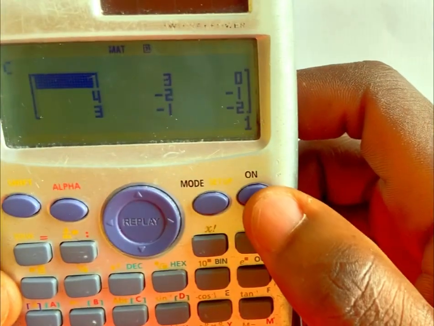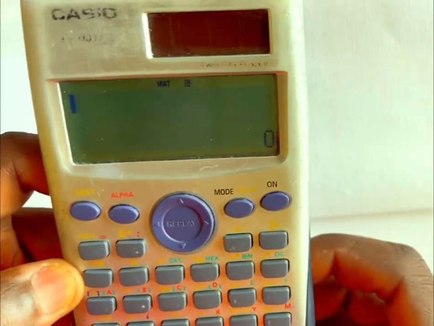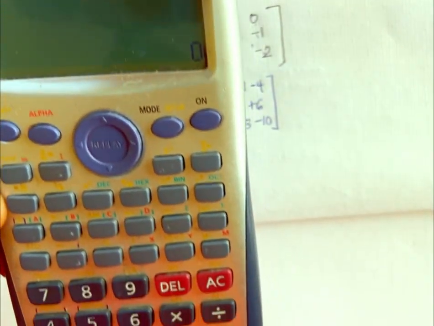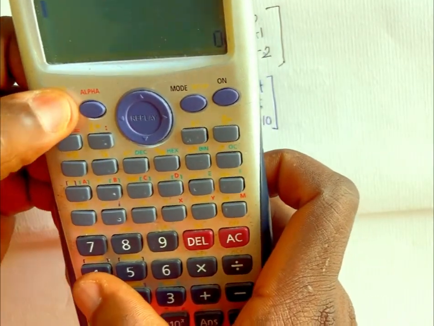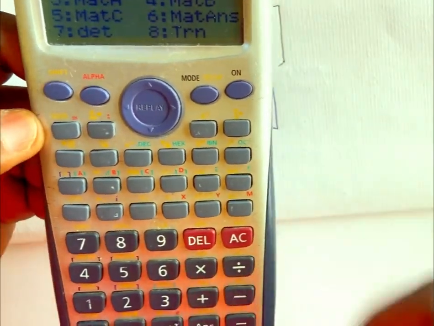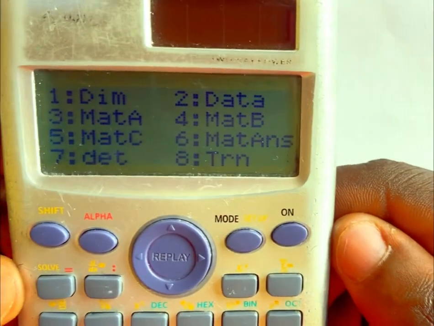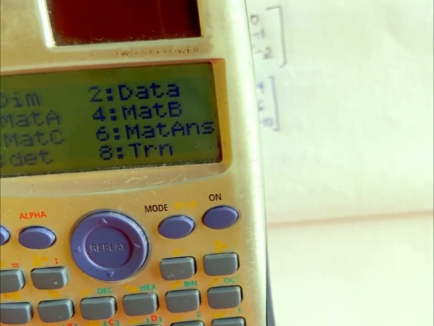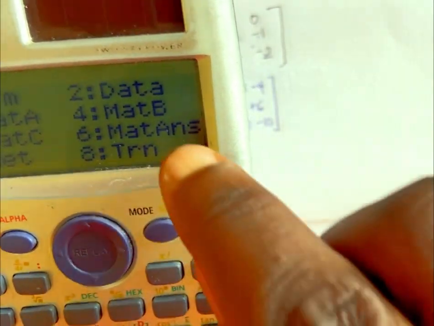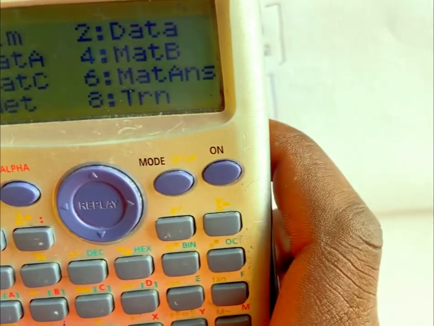Then I'll press on again. After pressing on, you need to be careful. You need to calm down and listen to this aspect. Then you press shift 4. After pressing shift 4, check it very well. It will bring all the matrices. In this case, I'm interested in just mat B and C. Since this is my mat B, I'll press 4.